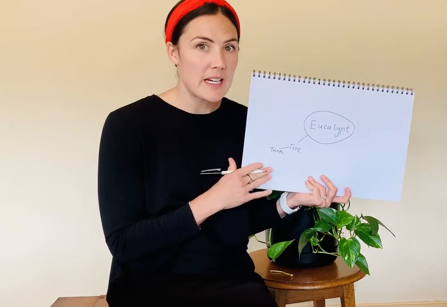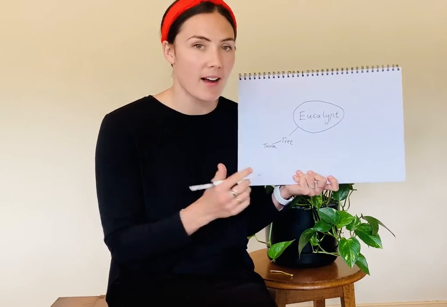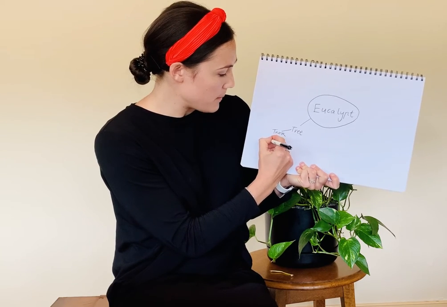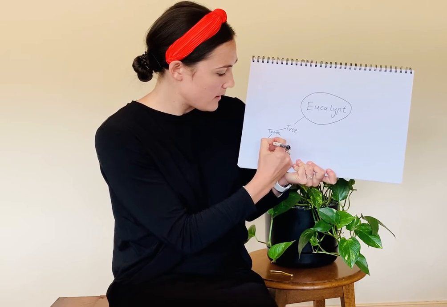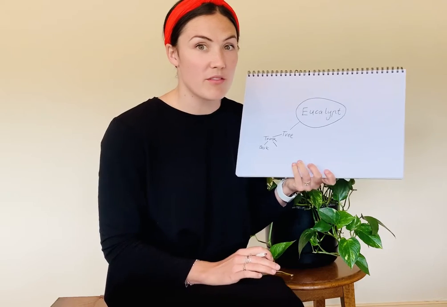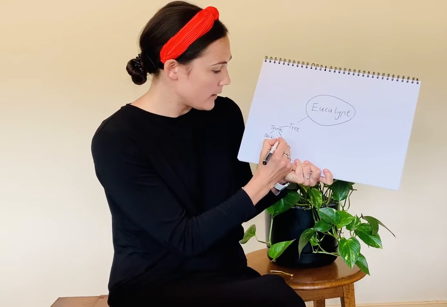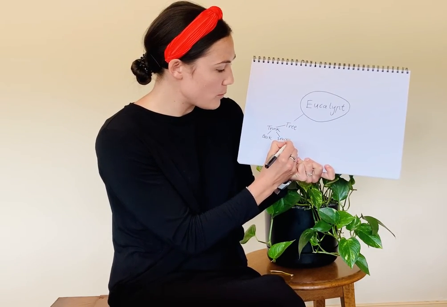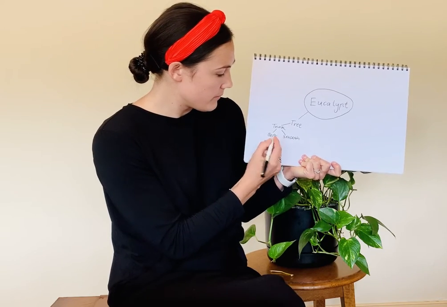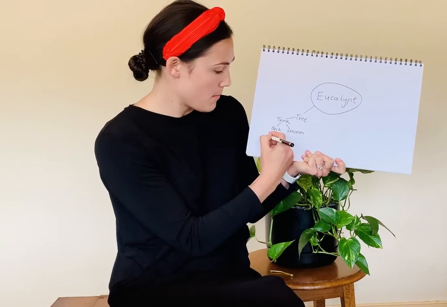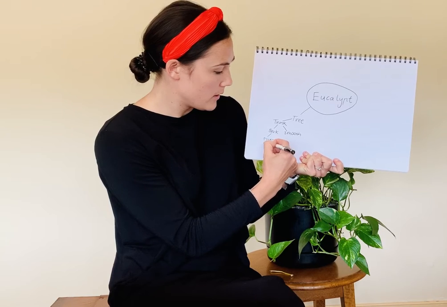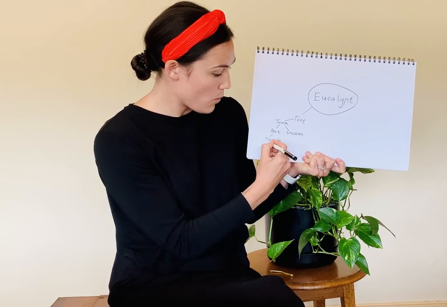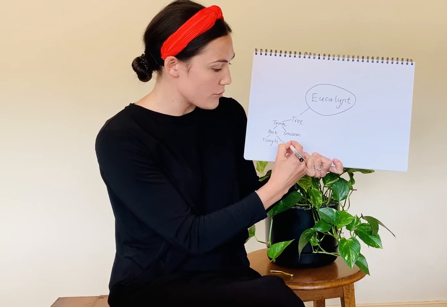It starts with the letter B. That's right, it's bark. On that trunk there might be some bark, or sometimes it might not have much bark at all and it might be quite smooth, a smooth trunk. That bark might be rough, or it might be stringy.